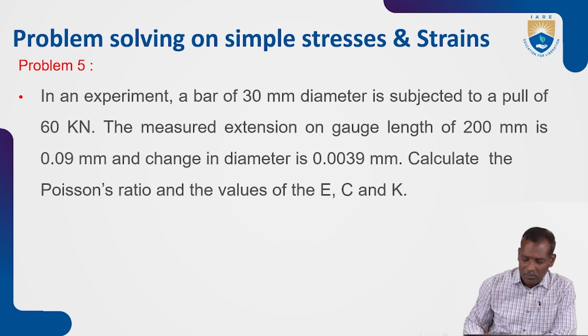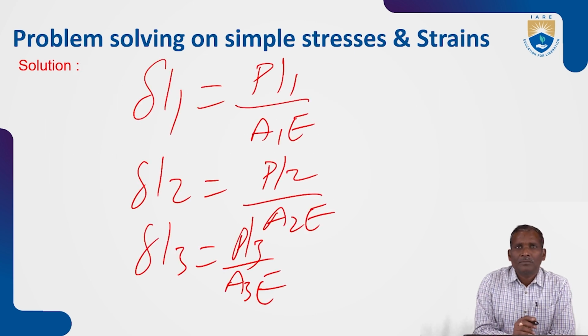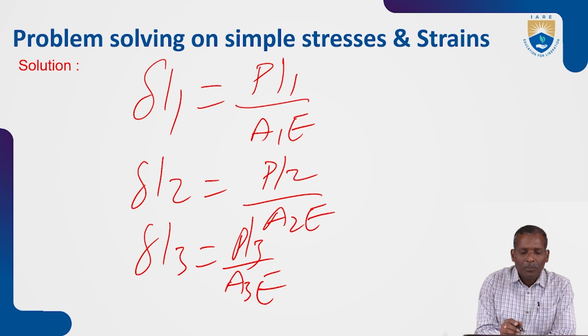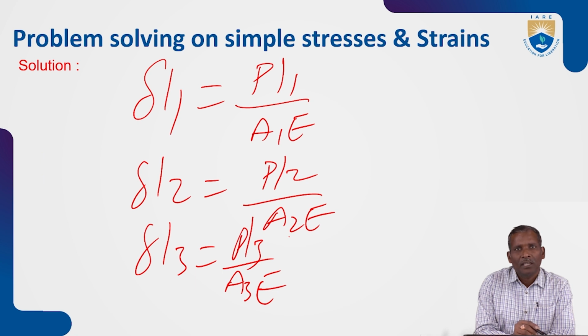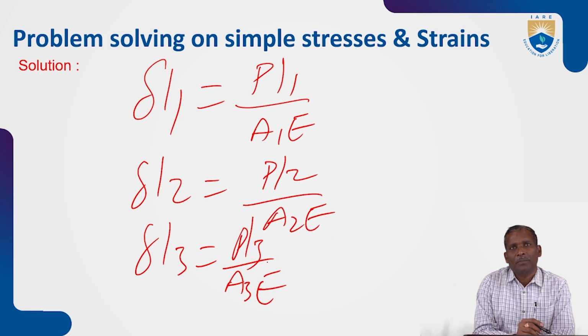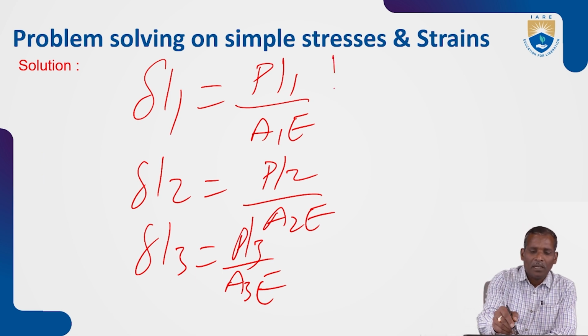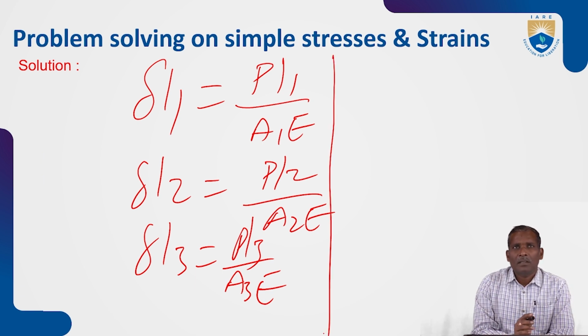So here delta L1 is PL1 by A1E, delta L2 is PL2 by A2E and delta L3 is PL3 by A3E. These are the elongations due to the load in section 1, section 2 and section 3.